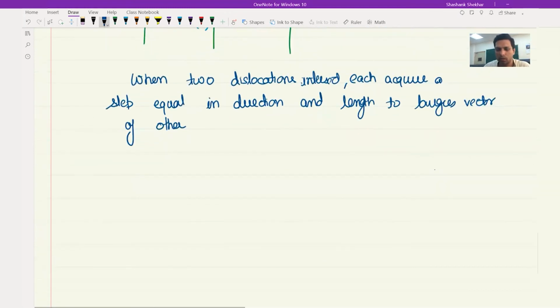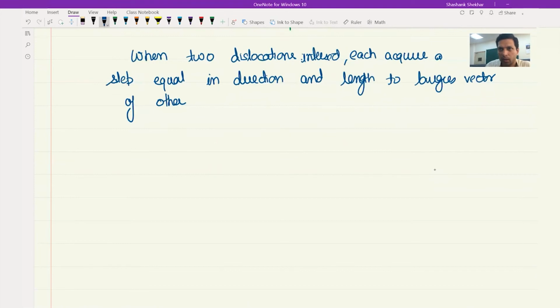And based on this, what we can write is that if we know that energy per unit length of a dislocation is given by alpha GB square, but if we want to know the total length, we can put it there, which in this case is equal to B, and therefore it becomes alpha GB cubed.